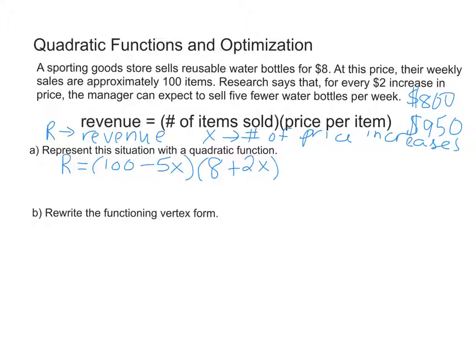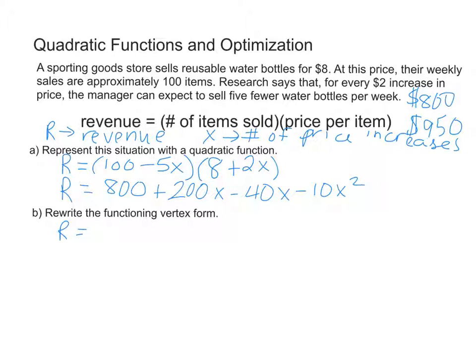Once we get that, then it asks us to rewrite it in vertex form. So I know we can do that. I'm going to expand this. So I'll multiply 100 times 8, 100 times 2x, and then negative 5x times 8, and negative 5x times 2x. And I just want to get this into standard form.